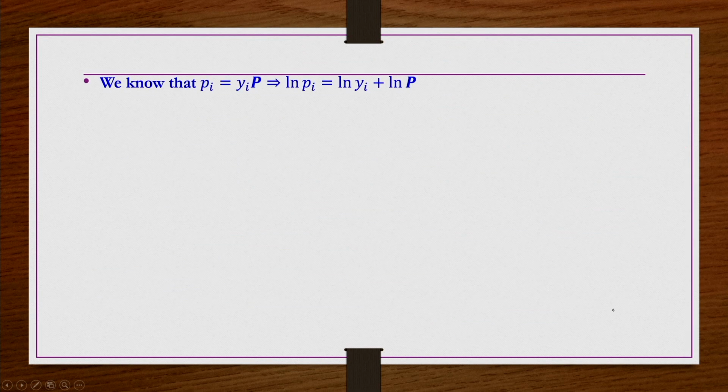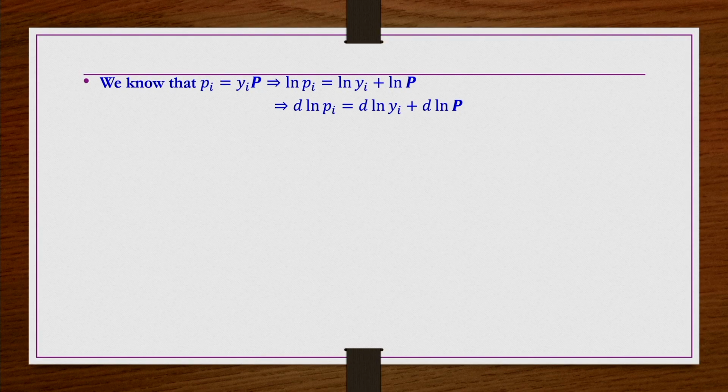We know small pi is nothing but yi times capital P. That means ln pi is equal to ln yi plus ln P. If you take d ln pi, then we have d ln yi plus d ln P. I am repeatedly mentioning that these calculations are for constant temperature and composition. If the composition is constant, then d ln yi should be 0. That means for constant yi, d ln small pi is nothing but d ln capital P.